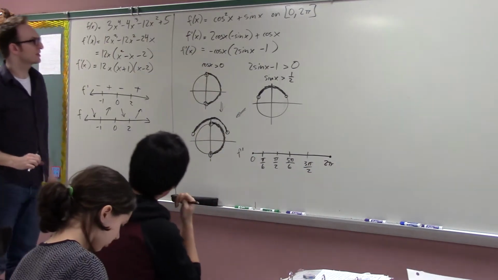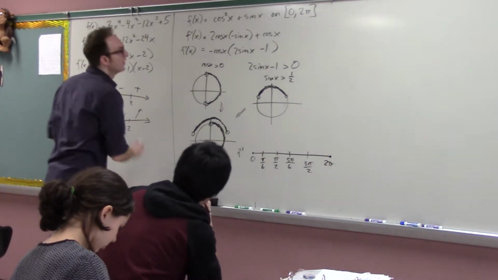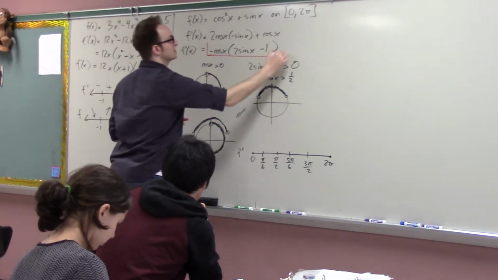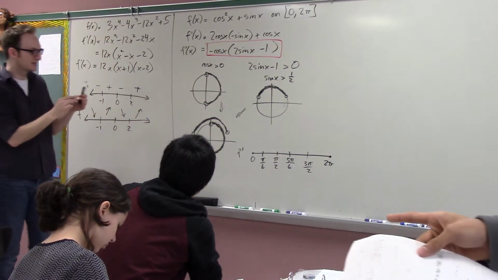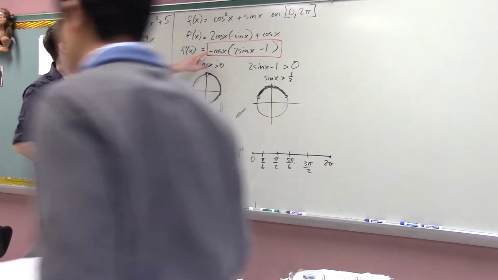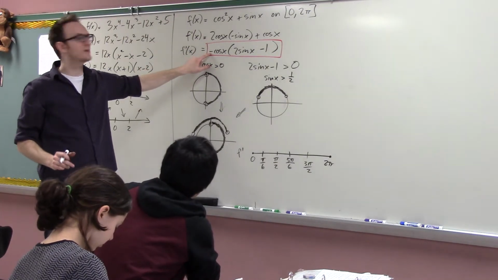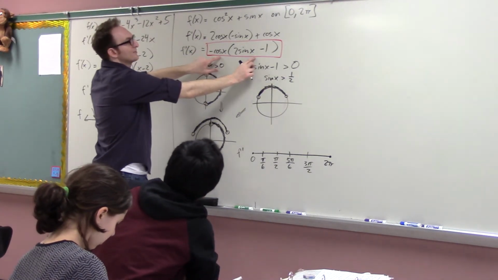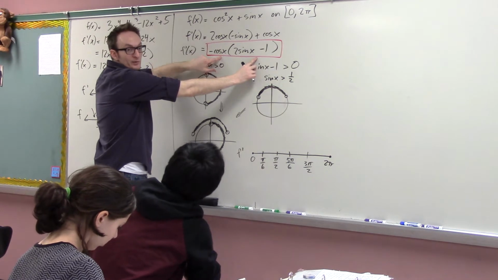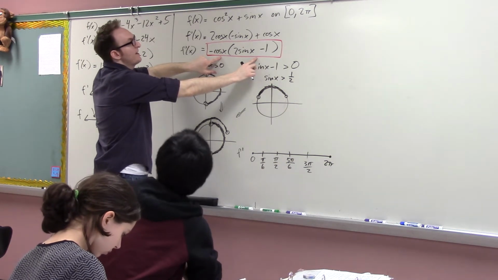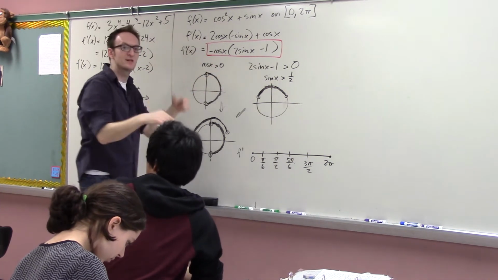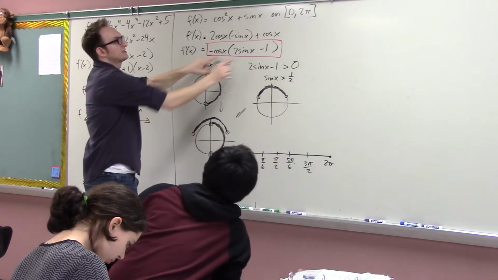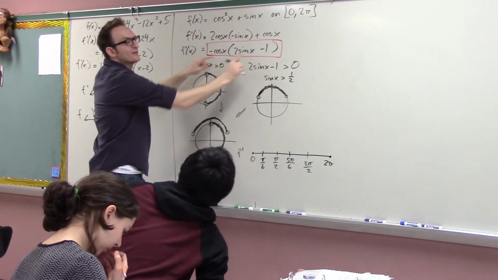Okay, so now we have to think for a minute. I want to know when this expression is positive, but since there's a negative here, that's really the same thing as saying when the product of these two is negative, right? So in order to figure out when the derivative is positive, I need to see when one of these is shaded and one of them isn't.